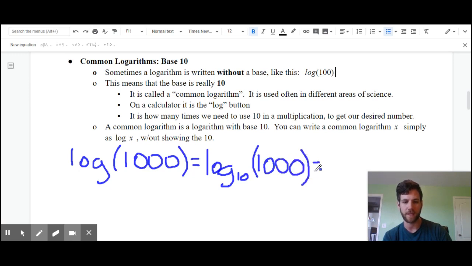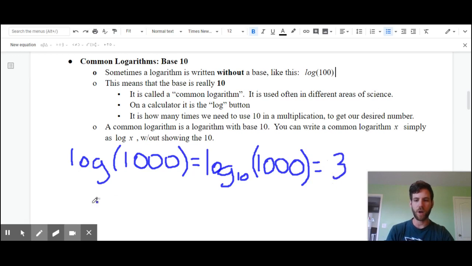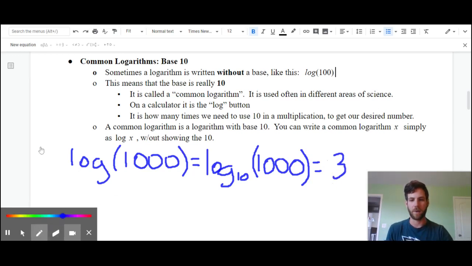Well, we need 10 times 10 times 10 to make 1,000. And that means that log base 10 of 1,000 is going to be equal to 3. Let's rewrite that real quick. And we know that's going to be equal to 3. And that's really all you need to know about common logarithms.